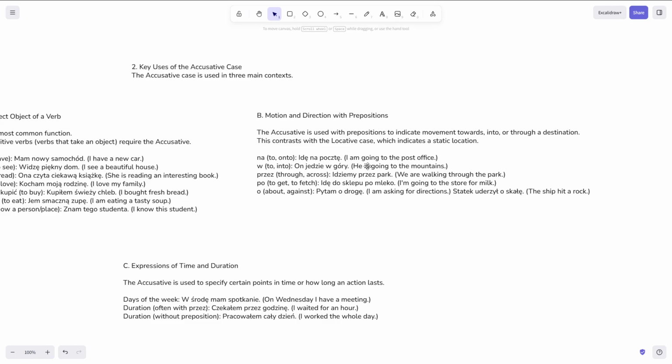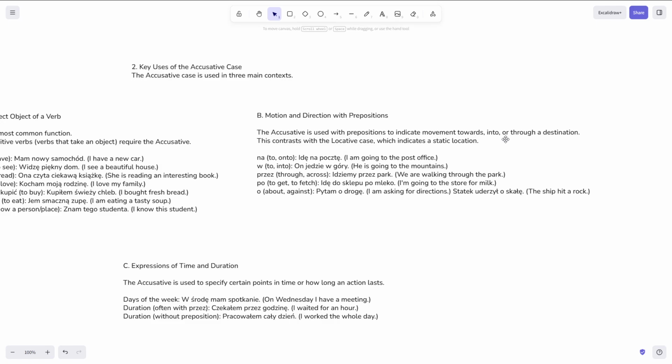This contrasts with the locative case, which indicates a static location. The locative case is the one that is remaining, and we will discuss it in later videos. But yes, a general movement, that means dynamic movement, someone going towards something, is accusative.